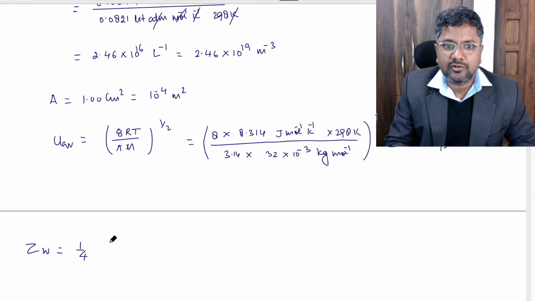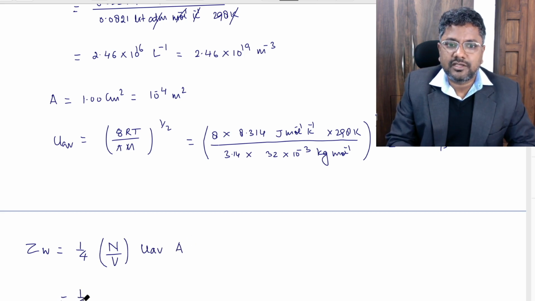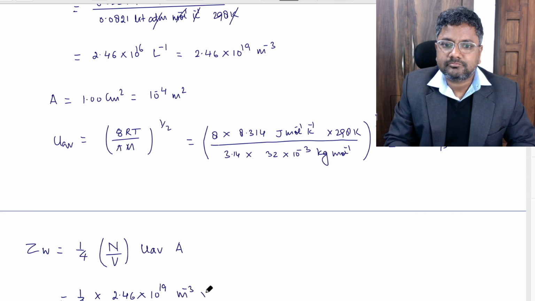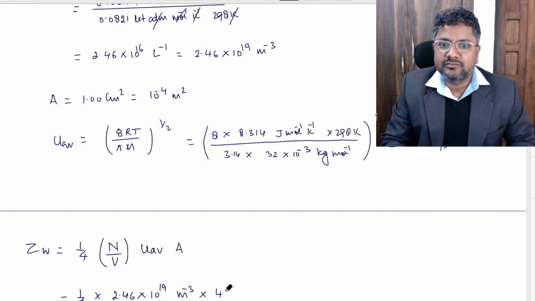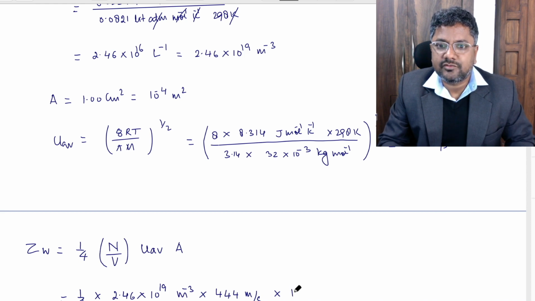Now ZW is equal to 1 by 4 N by V u average into A. So this is equal to 1 by 4 into 2.46 into 10 to the power 19 per meter cube, into 444 meter per second, and A is 10 to the power minus 4 meter square.